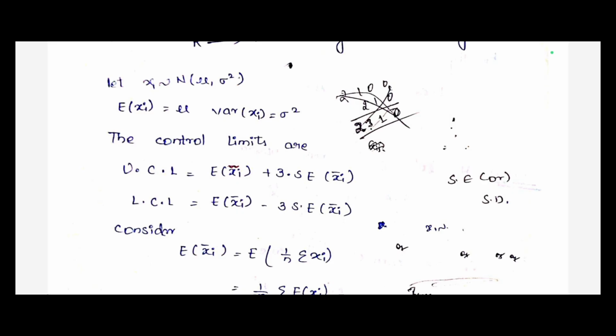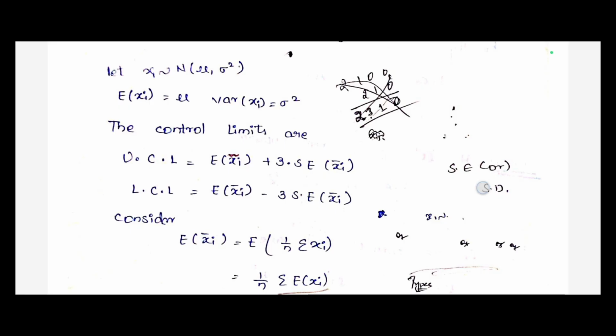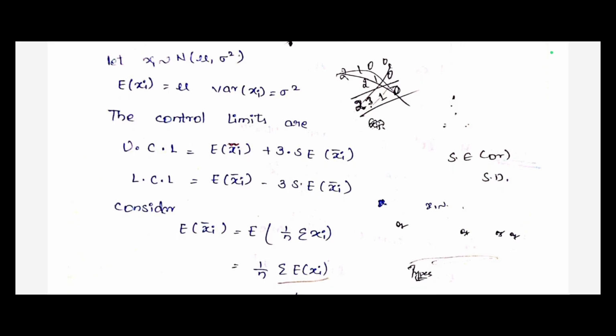Let's derive the 3 sigma control limits for the mean chart. X follows a normal distribution with mu comma sigma square. Expected value of xi is mu and variance of xi is sigma square. So the control limits are UCL, that is expected value of x bar plus 3 into standard deviation of x bar.